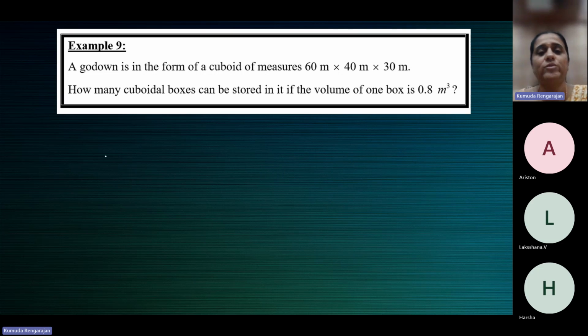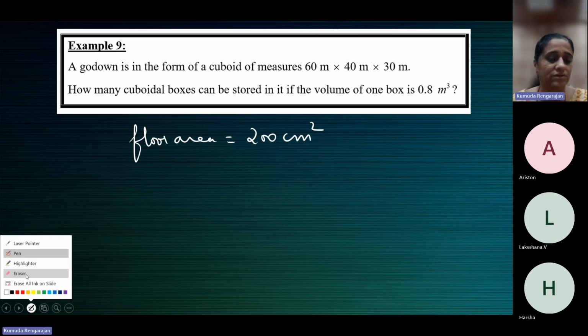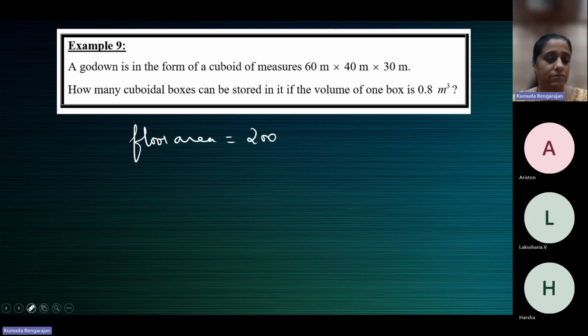Supposing you have the floor area of a bathroom. The floor area of a bathroom is 200 meters square, and say the area of each tile, area of one tile.